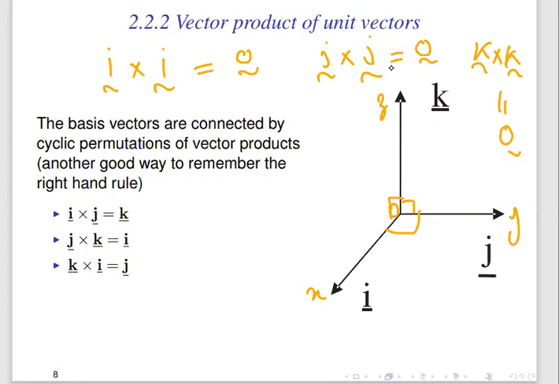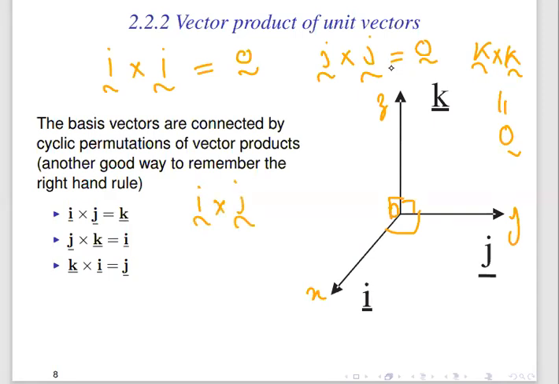So if you take the cross product of one of these unit vectors with a different one, let's say I cross J, what is the resultant?